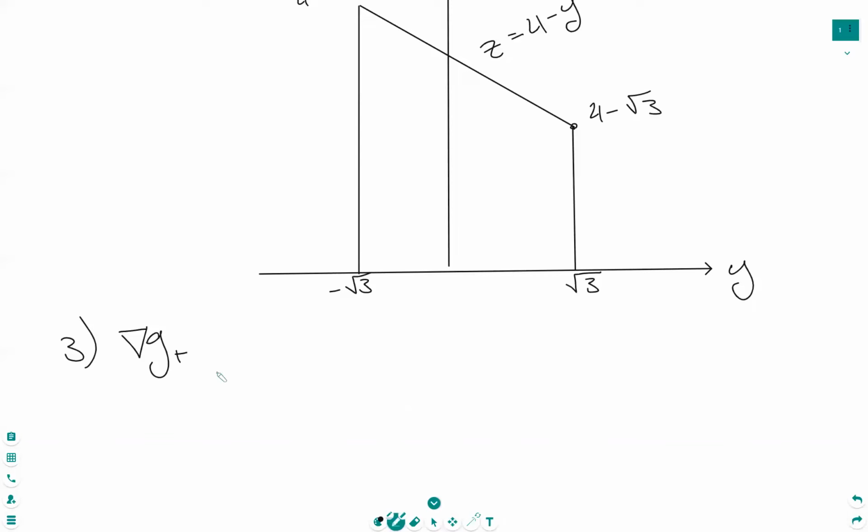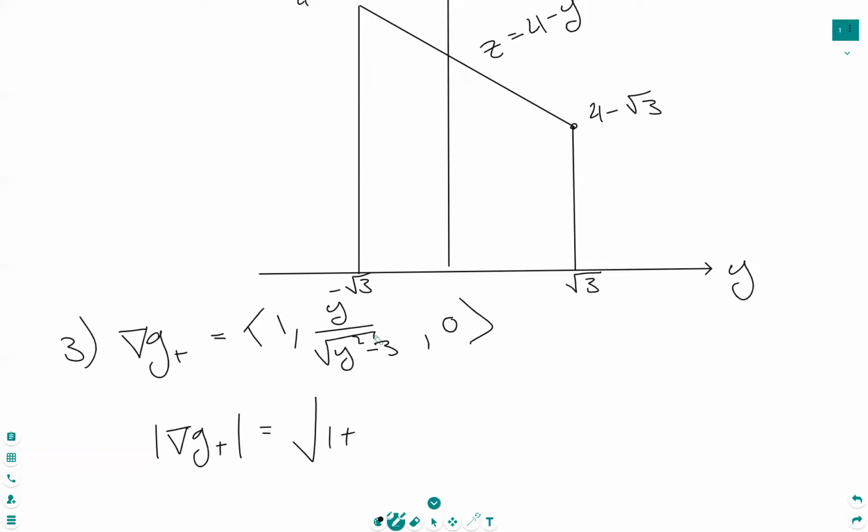The gradient of G plus ends up being 1, y over the square root of 3 minus y squared, 0, which means that the magnitude of this is the square root of 1 plus y squared over 3 minus y squared.